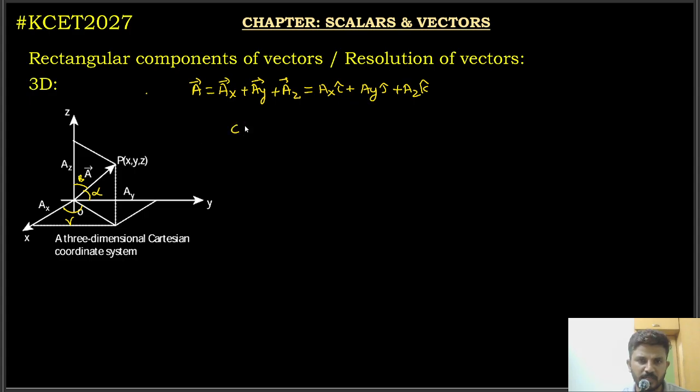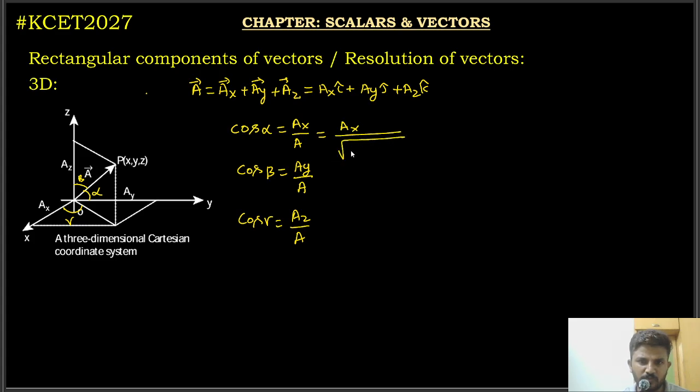That is, cos alpha is equal to Ax by A, where A is the magnitude of vector A, and cos beta is equal to Ay divided by A, and cos gamma is equal to Az divided by A. Here A is the magnitude, that is the square root of Ax square plus Ay square plus Az square.